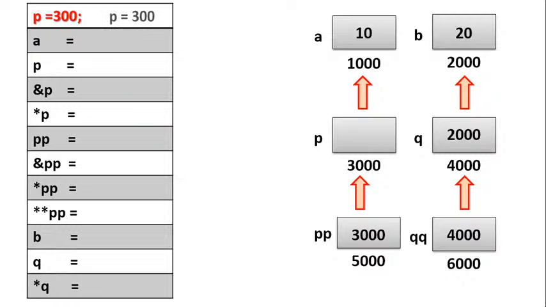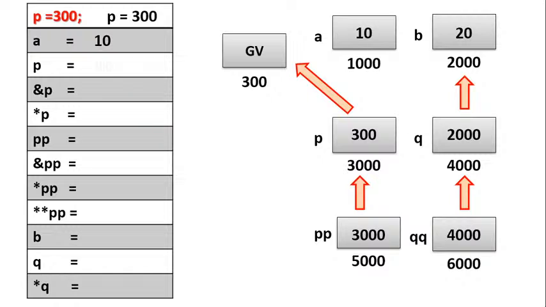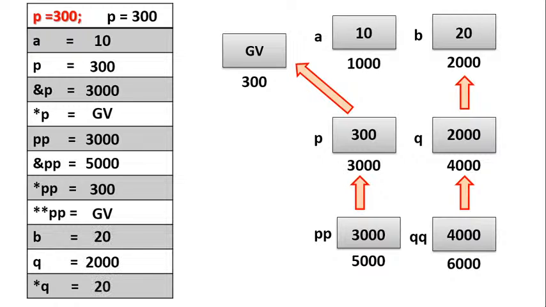So A value will remain same. Okay. P is pointing to 300. &P is 3000 only. Star P, I don't know what value is there in that particular address location, right? So some garbage value. PP is 3000, will remain same. &PP will remain 5000. Star PP is 300. Star PP is again a garbage value. B values will not change. So 20, 20, 20.